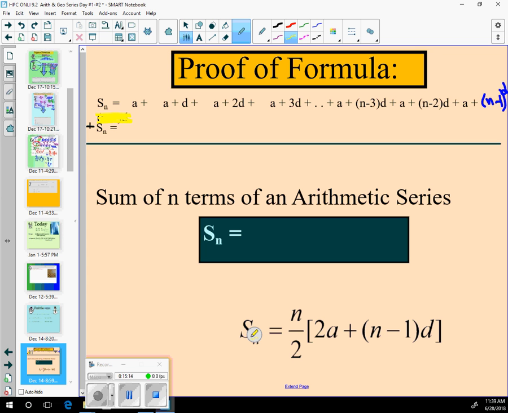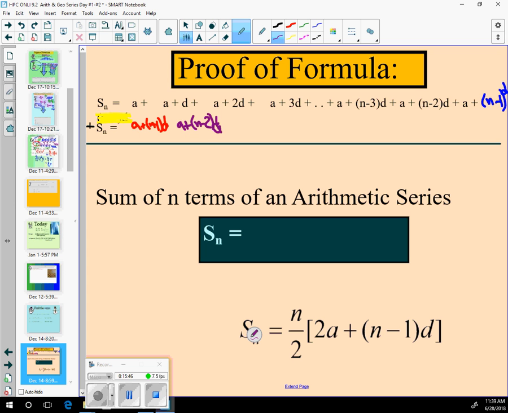Now, what I'm going to do next is write the same thing below it, but I'm going to reverse the order. So this is going to be a plus n minus 1 times d. And then this a plus d is going to be added to a plus n minus 2 times d.